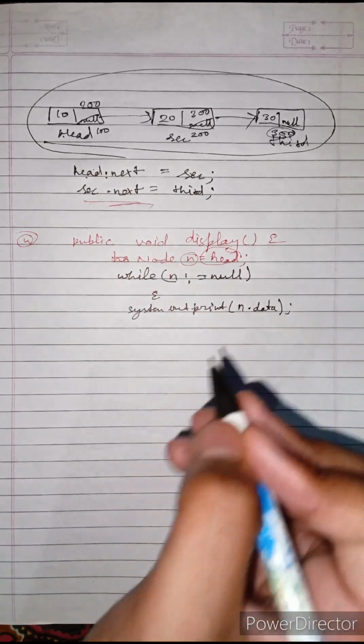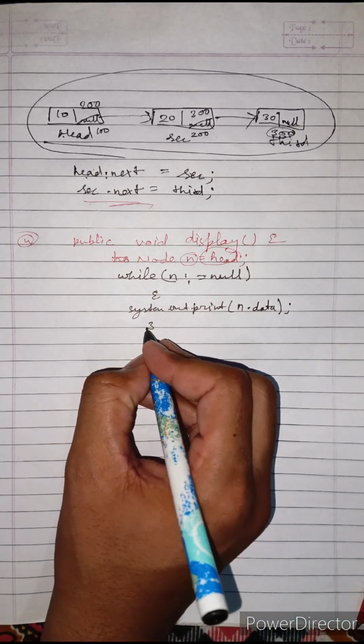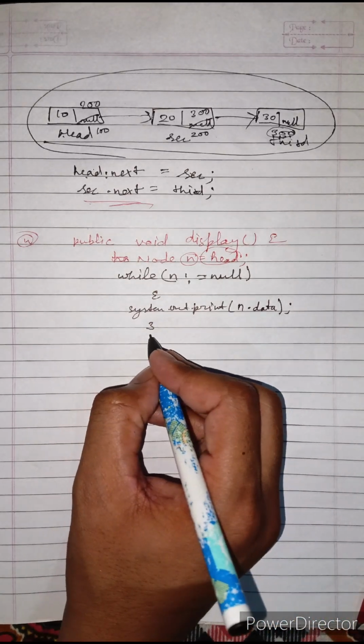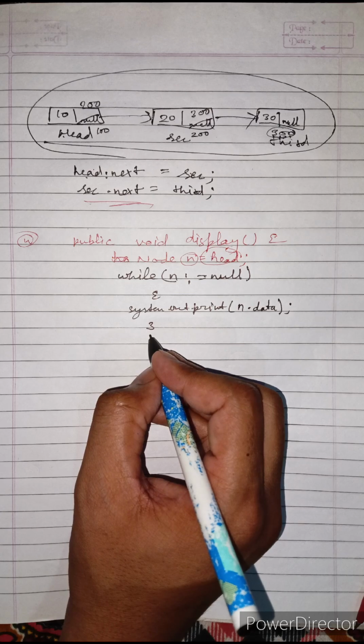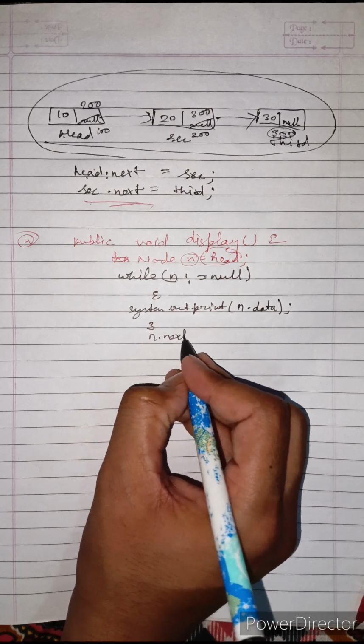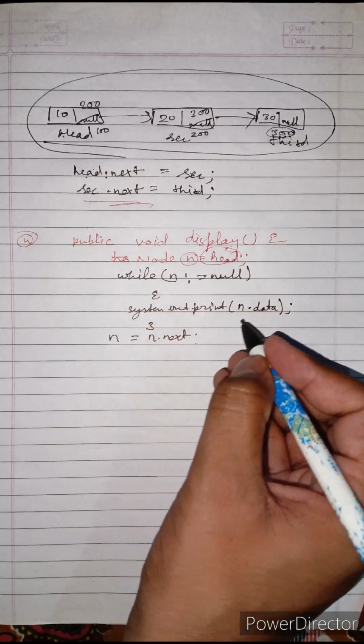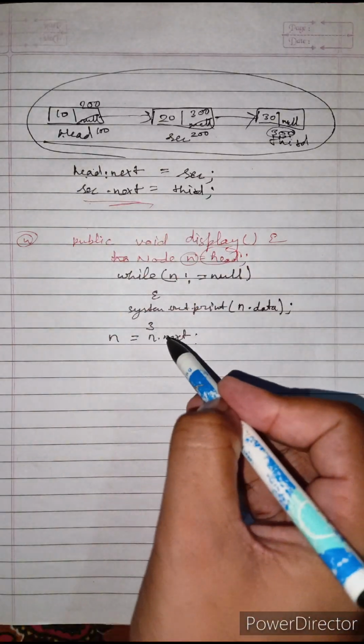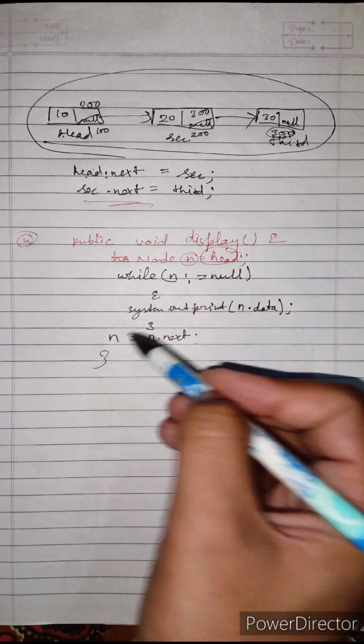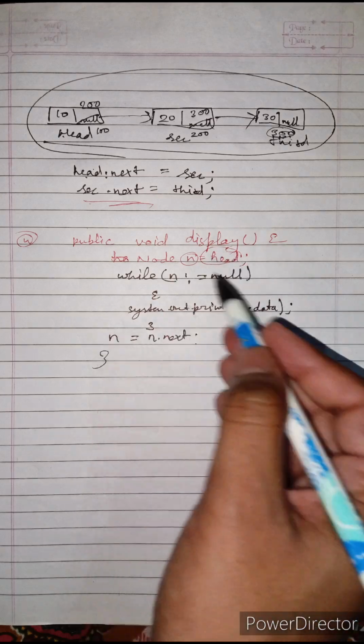What are we going to print? Data. Then what we will do, n dot next we will store inside n. That means now we have printed the first node, now give me the next node.